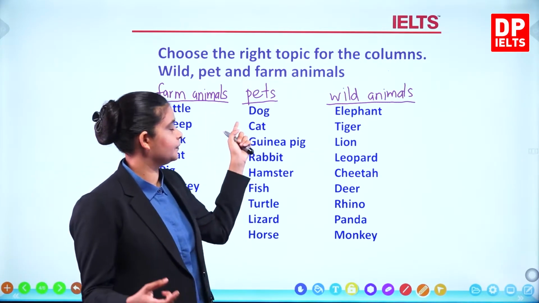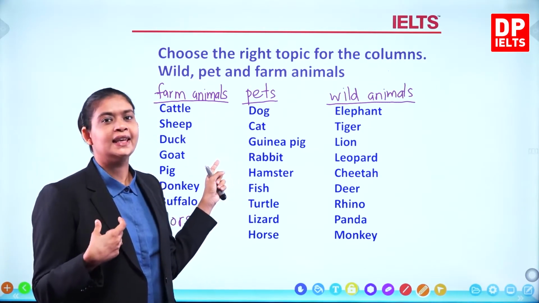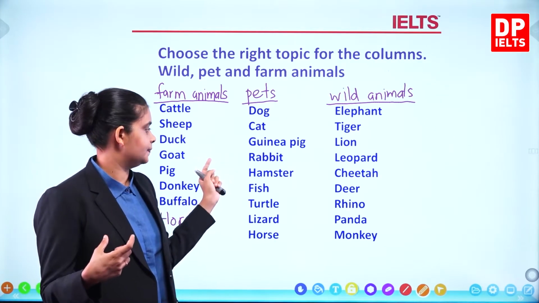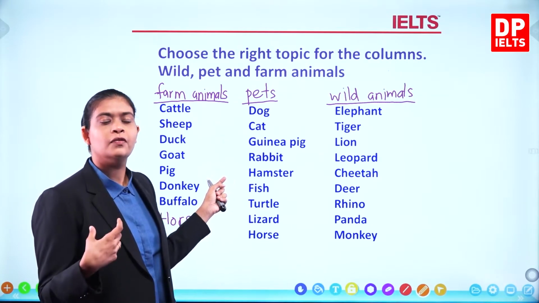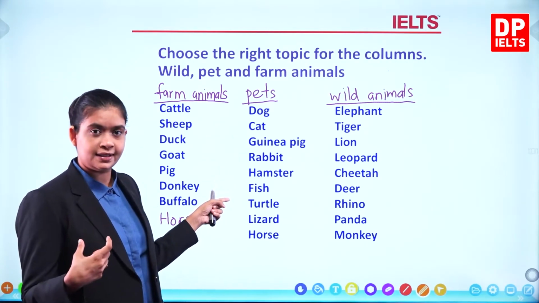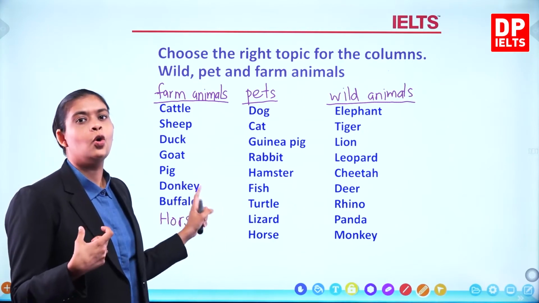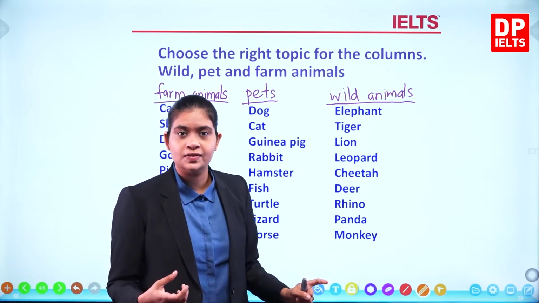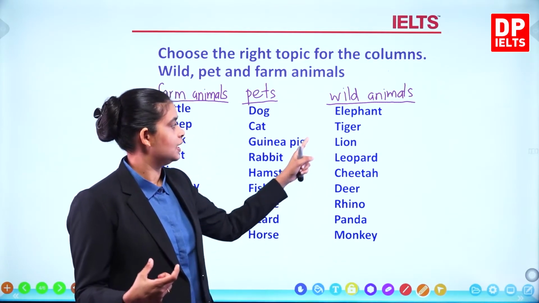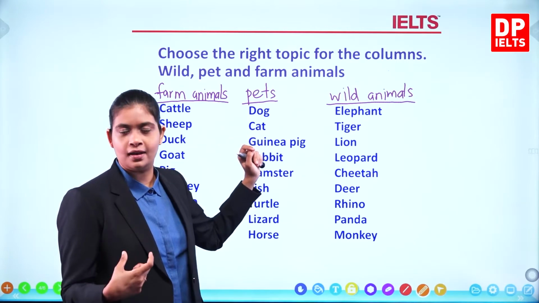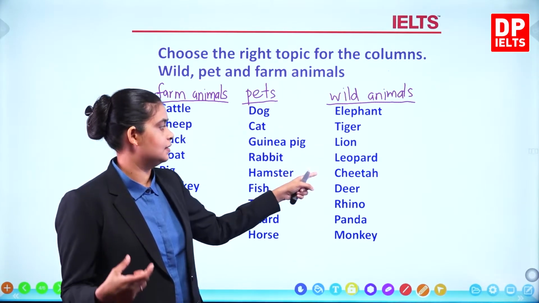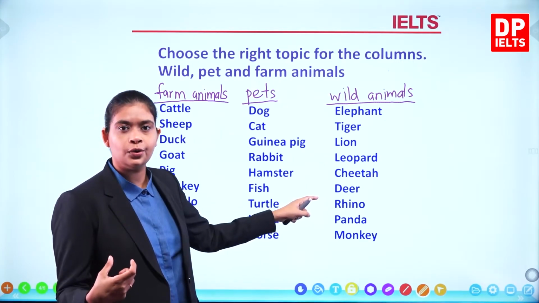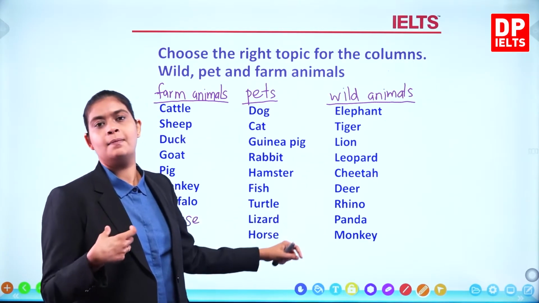Then pets, dog, cat, guinea pig, rabbit, hamster, fish, turtle, lizard, horse. Horse could be in both places. Wild animals, elephant, tiger, lion, leopard, cheetah, deer, rhino, panda, monkey.